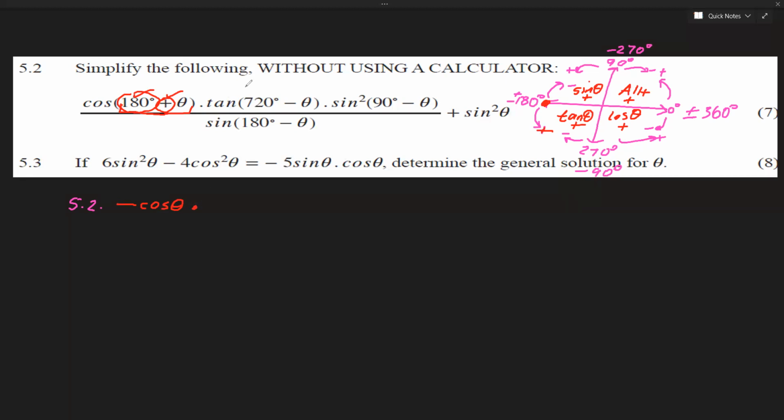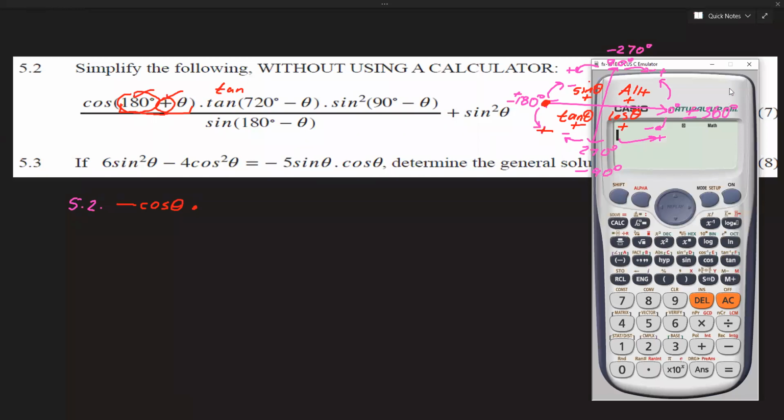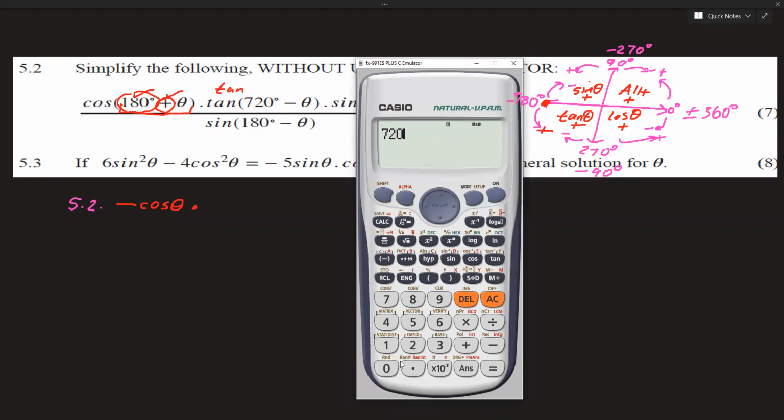And then let's check now. Here we have tan 720. I'll show you what to do first before you start reducing. If the number is bigger than 360, you're going to minus as many 360s as possible until it becomes less than 360. So I have 720. I'm going to minus 360, which is 360.